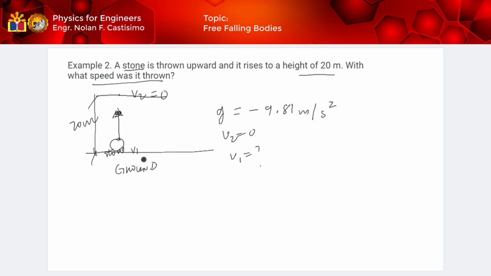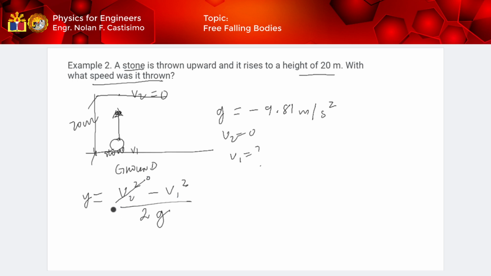So, anong formula gagamitin natin? So, we can use the formula y is equivalent to v2 squared minus v1 squared divided by 2g ulit. Okay? So, since ang v2 natin ay 0, so cancel out na natin yan, 0. At v1 ang hinahanap natin.